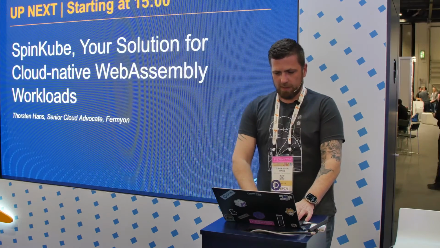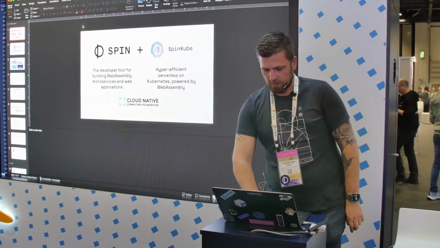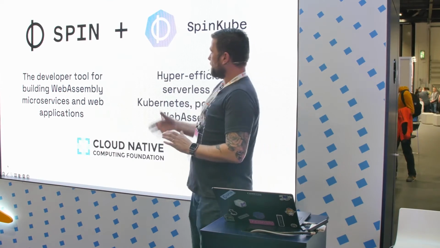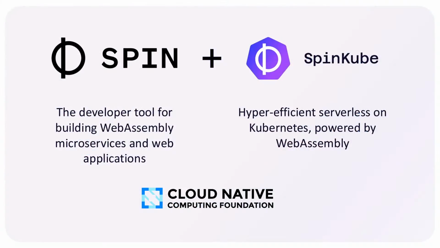Let me quickly jump into my other slides. There we go. So first and foremost, both Spin and SpinKube have been contributed to the Cloud Native Computing Foundation and are right now on the sandbox tier. So Spin is essentially the developer tool that your developers can use to build WebAssembly applications using different languages.